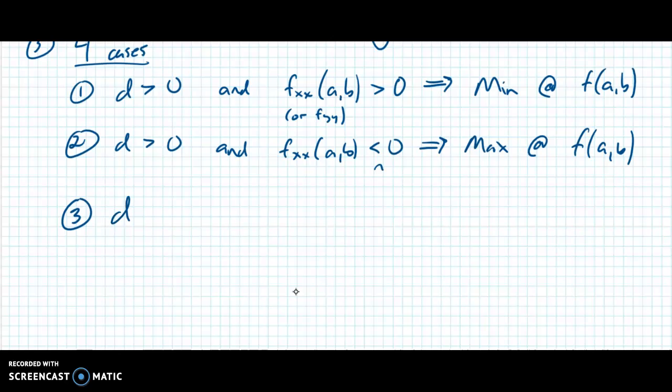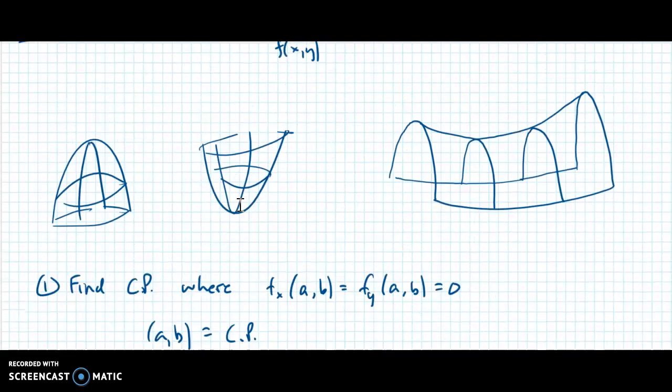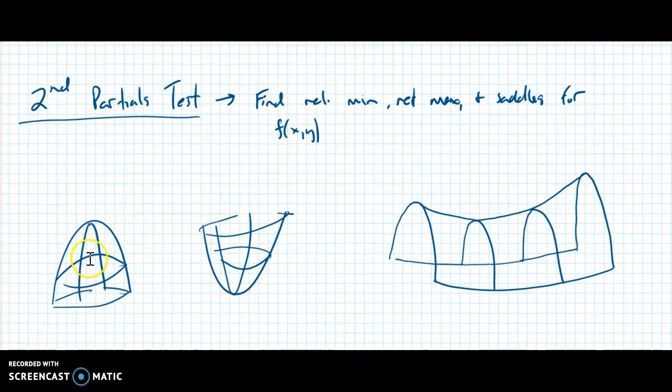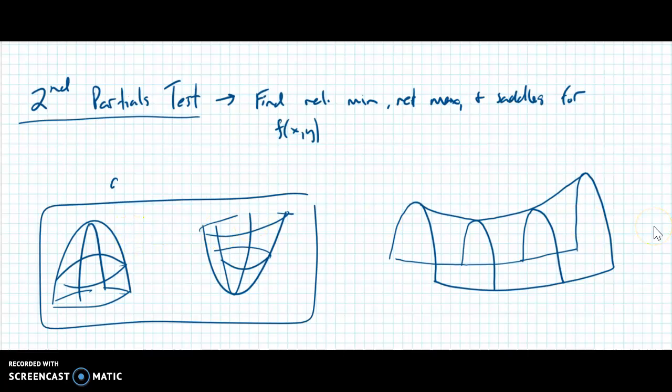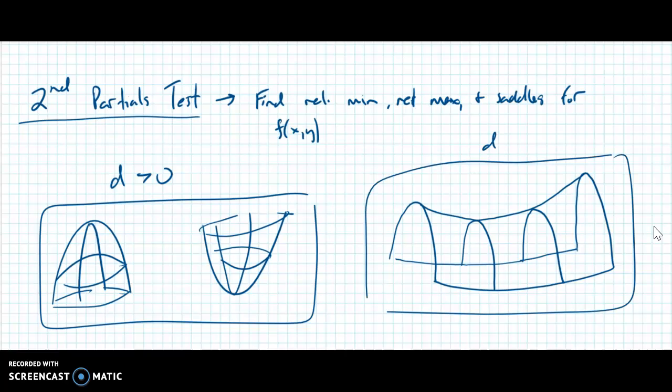So since the D is what ties these things together, that D being positive, my third case is if D is less than 0. Now, what do you think that's going to be? Well, we had 3 cases up here. We got one of these two when D is greater than 0. Well, we're going to get this one right here when D is less than 0.